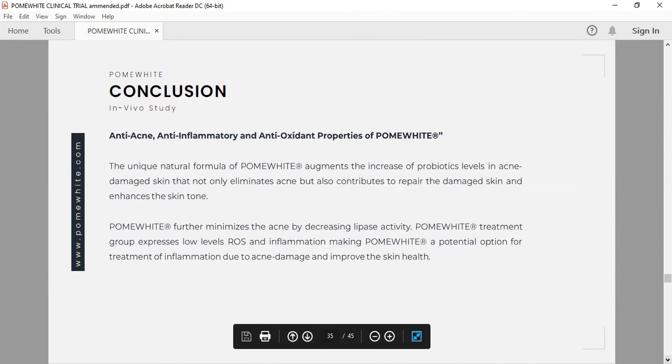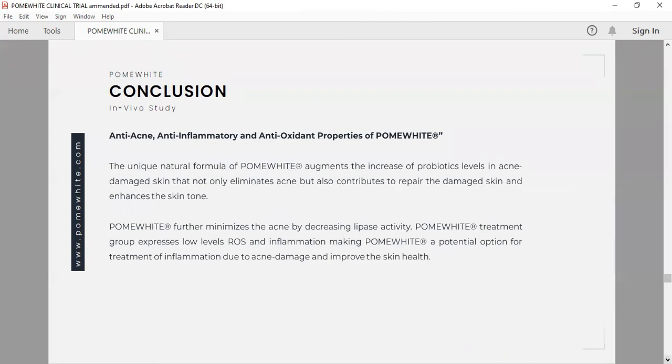So, based upon all these findings from our clinical trials, we can conclude that the unique formula of Pomewhite augments probiotic levels in acne damaged skin, and this will not only eliminate the acne but also repair and regenerate the damaged skin.